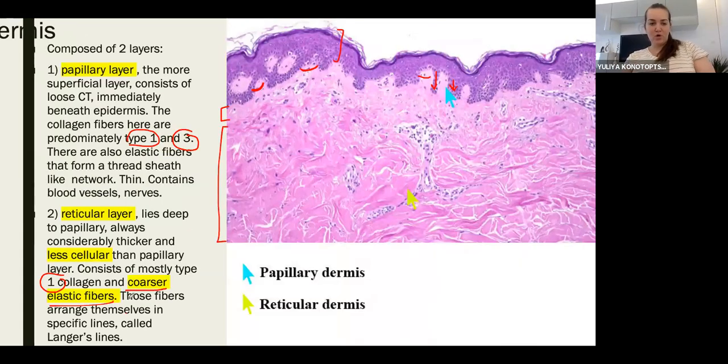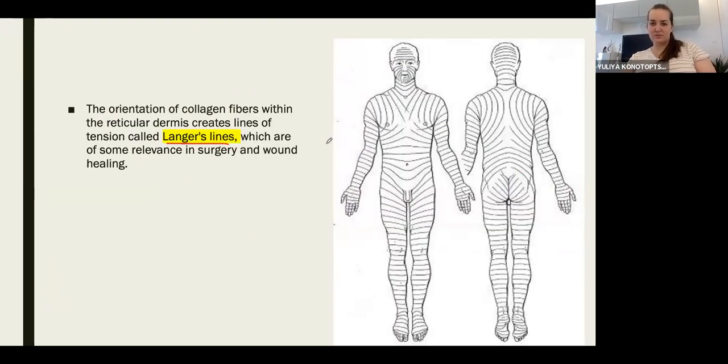Okay, back to the collagen type 1 and coarse elastic fibers. The way they organize themselves in the reticular layer, we call Langer's lines. Those Langer's lines are the way your collagen fibers and coarse elastic fibers run in a certain region.